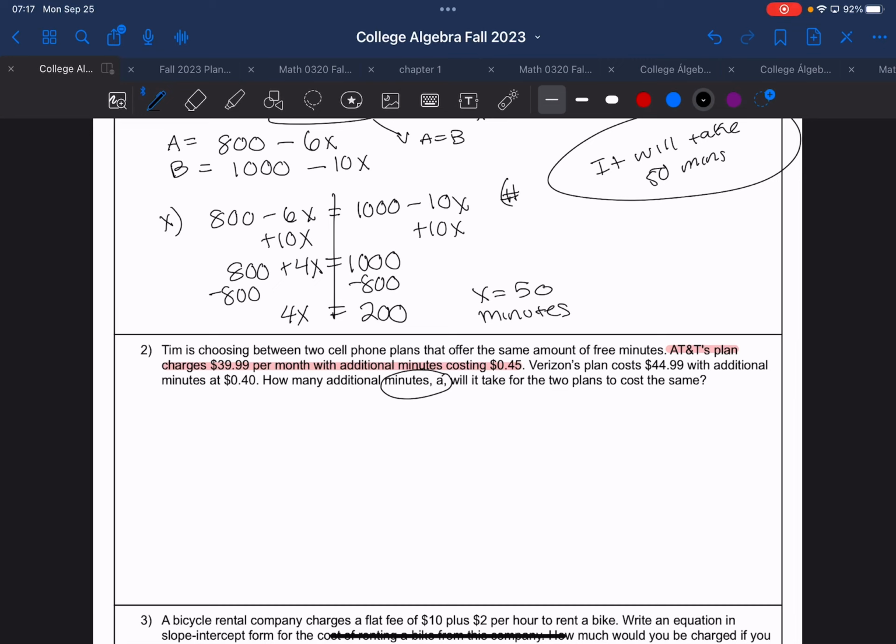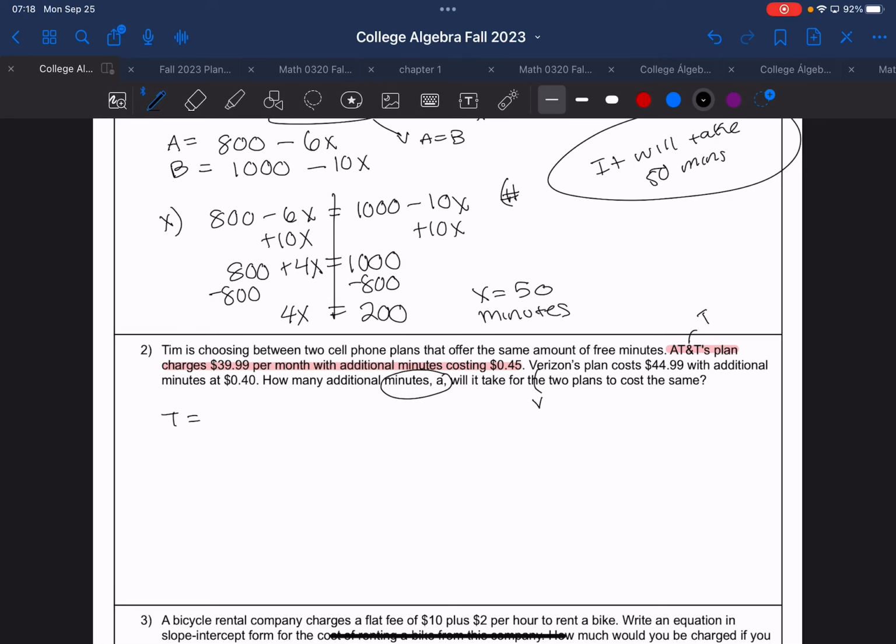So let's list AT&T as a capital T to not confuse with our lowercase a, and then Verizon, a V. So looking at the part that I just highlighted, it says AT&T plan charges. So T equals $39.99 per month. Is this problem asking about the months or is it asking about the minutes?